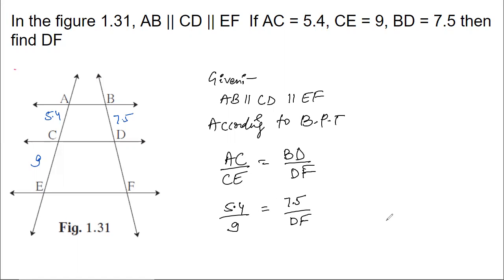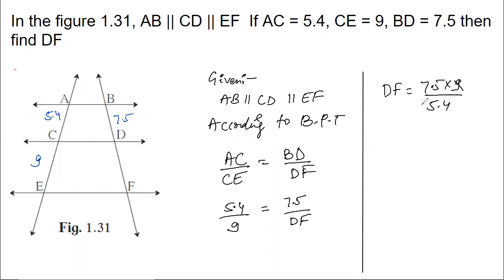So let's simplify it. We'll cross multiply everything. I'm starting it on the side so that I have enough space. So DF will cross over that side, so it will become DF equals 7.5 into 9 upon 5.4.